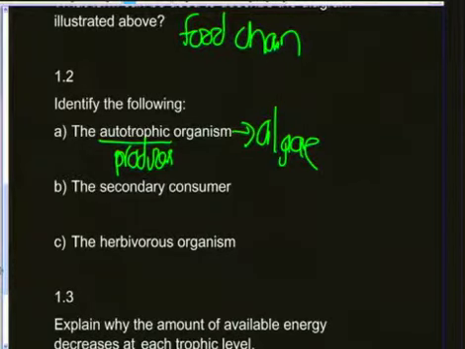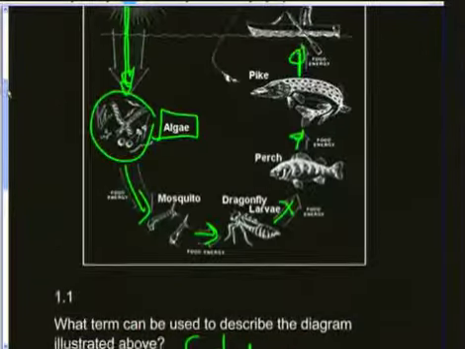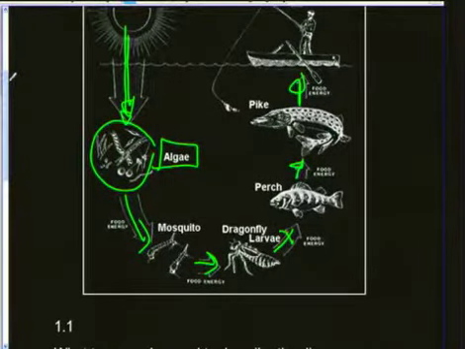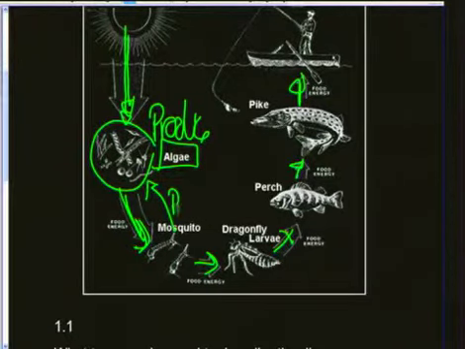The next one, a secondary consumer. A secondary consumer is the second animal in the line. Here's my producer. The first animal that eats the producer is my primary consumer.